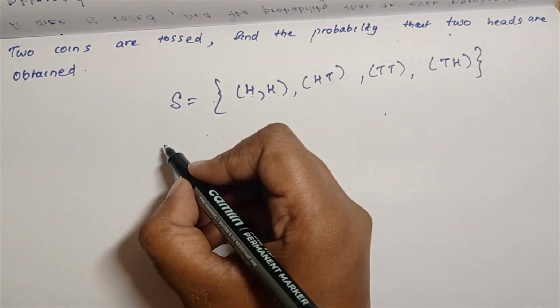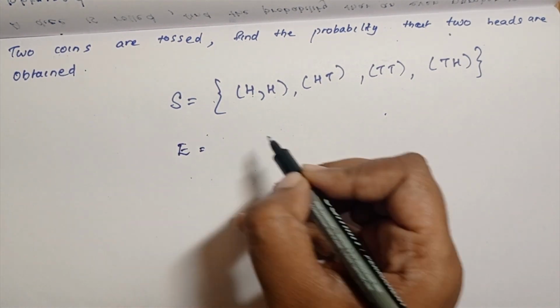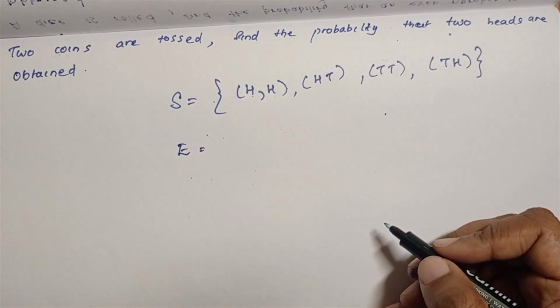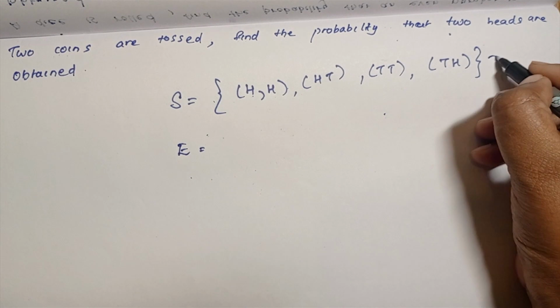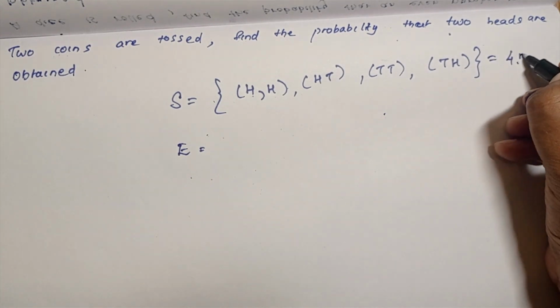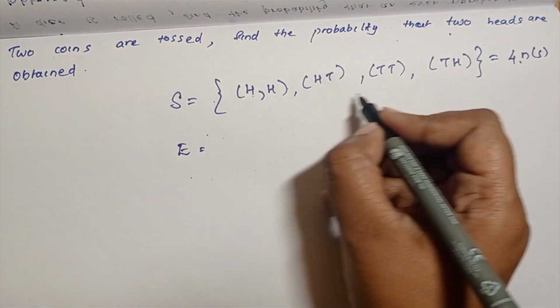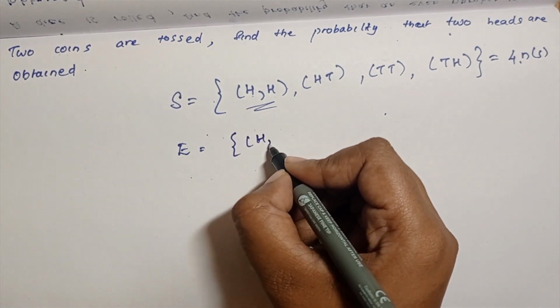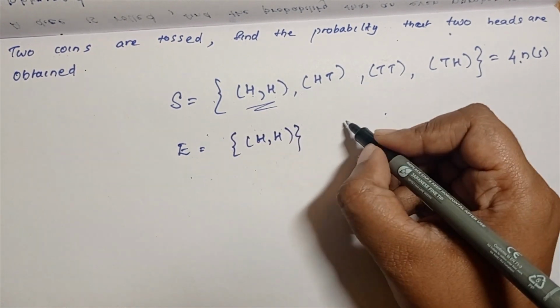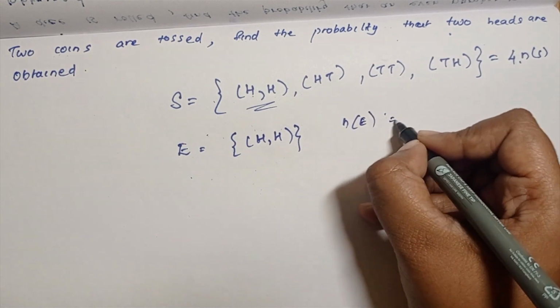Now suppose E is the event when two heads are obtained. So N of S is 4. Two heads are obtained only once, so the number of events is 1.